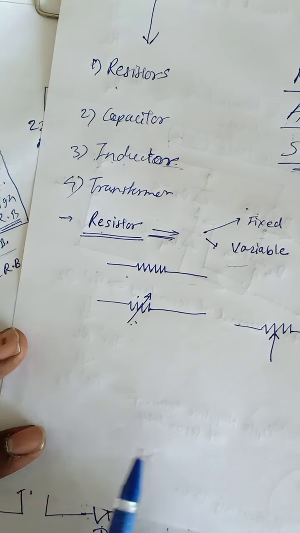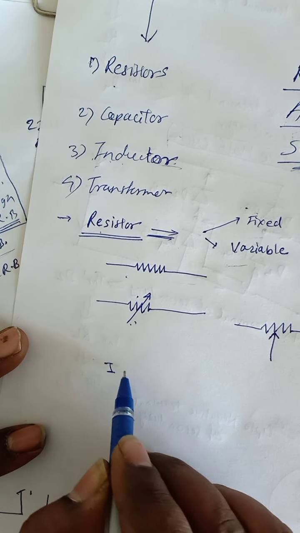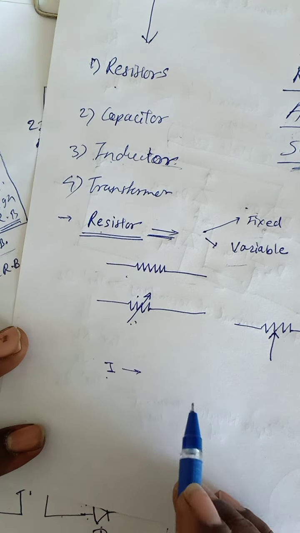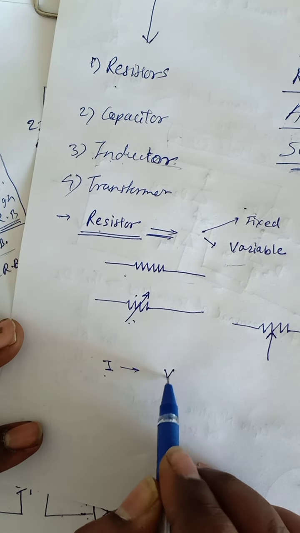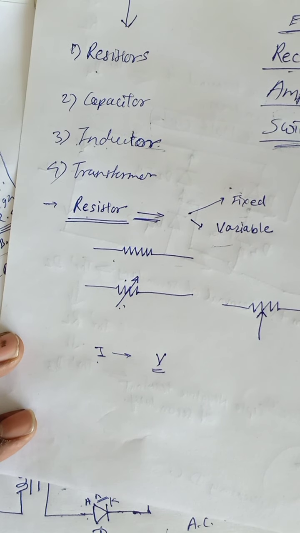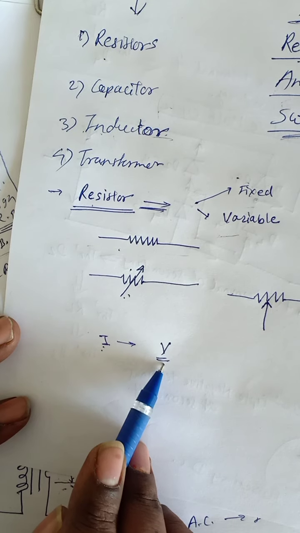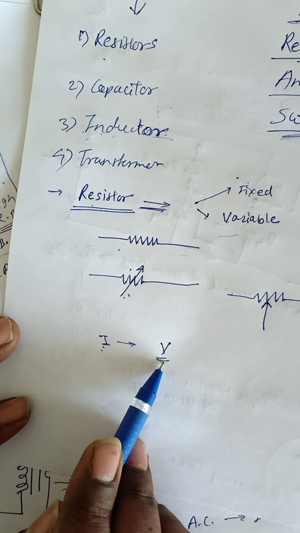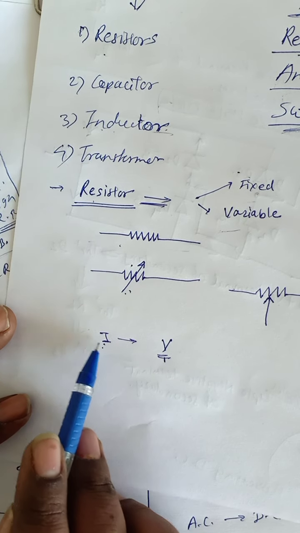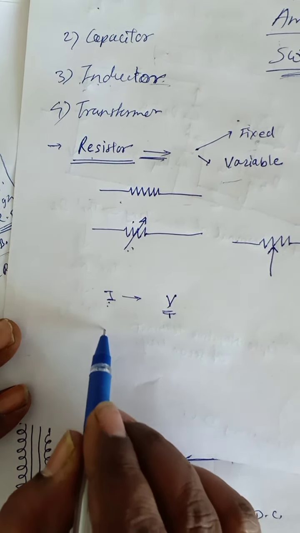So according to Ohm's law, if we apply a current to a resistor, then voltage is developed across the resistor, and there is a linear relation between current and voltage.